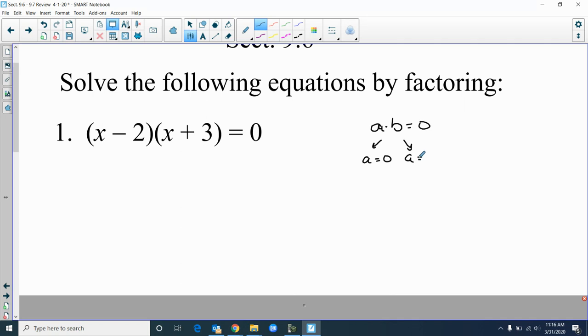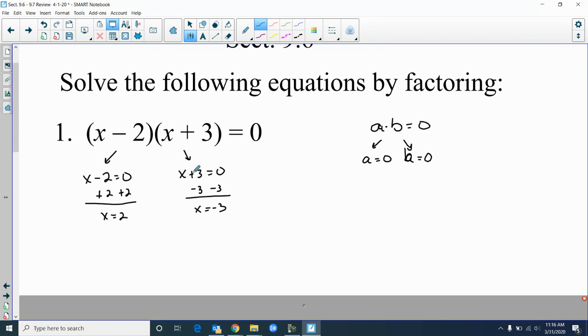So A has to equal 0 or B has to equal 0. In this case we've got two sets of parentheses: x minus 2 equals 0 and x plus 3 equals 0. You actually have to solve it, which means you add 2 and get x equals 2, and you subtract 3 and get x equals negative 3.